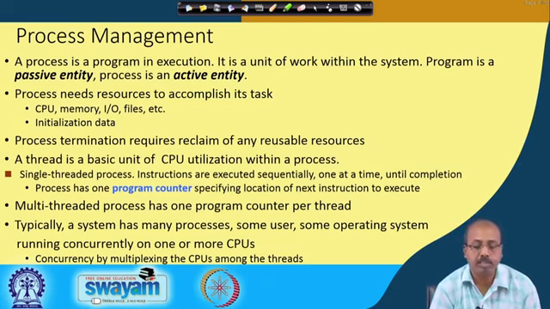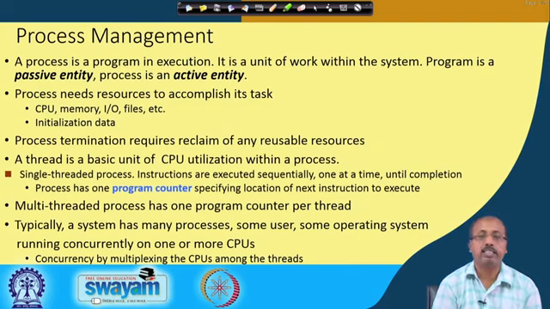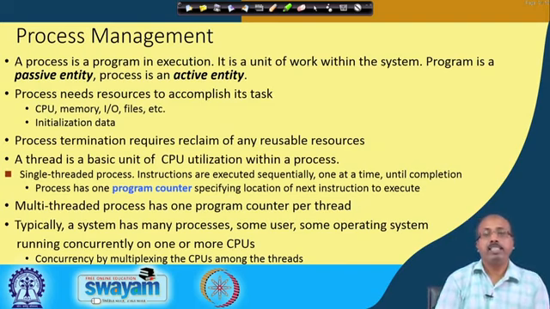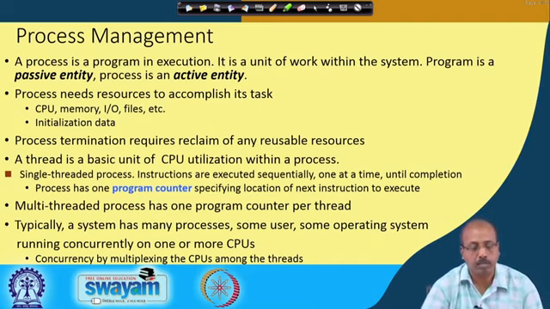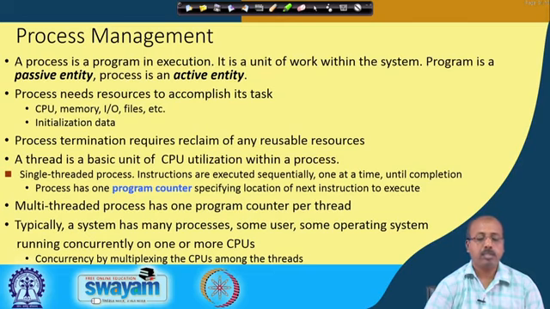A process needs resources to accomplish the task, like CPU, memory, IO, files, etc., whereas a program just resides on the disk, taking some disk resource, nothing more. The process will also need some initialization data; some data variables will be required and have to be initialized to some values.